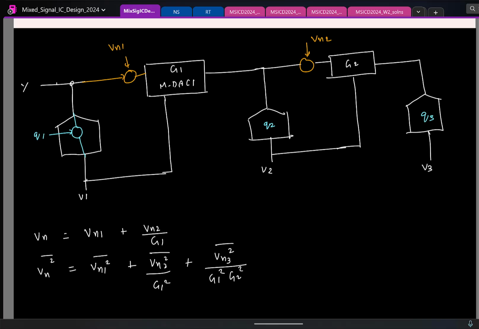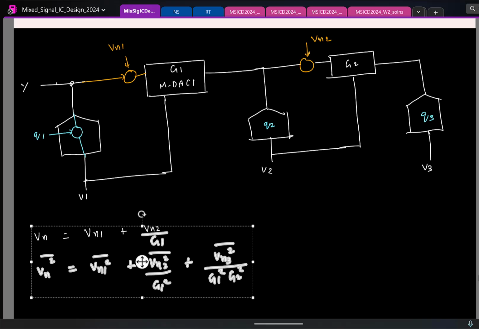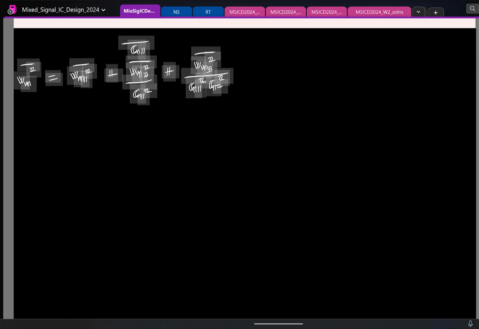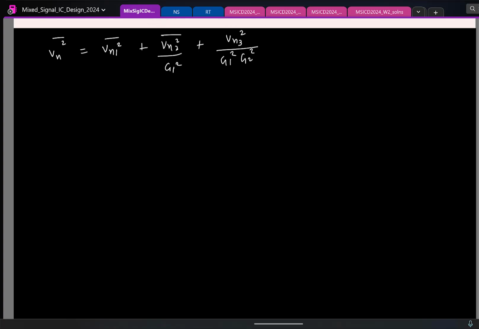And I know noise from each MDAC is proportional to KT by the capacitance used in that stage. So I can rewrite it like this: KT by CA, the capacitance in the first stage, plus KT by CB, the capacitance used in the second stage, into G1 square, plus KT by CC into G1 square G2 square.